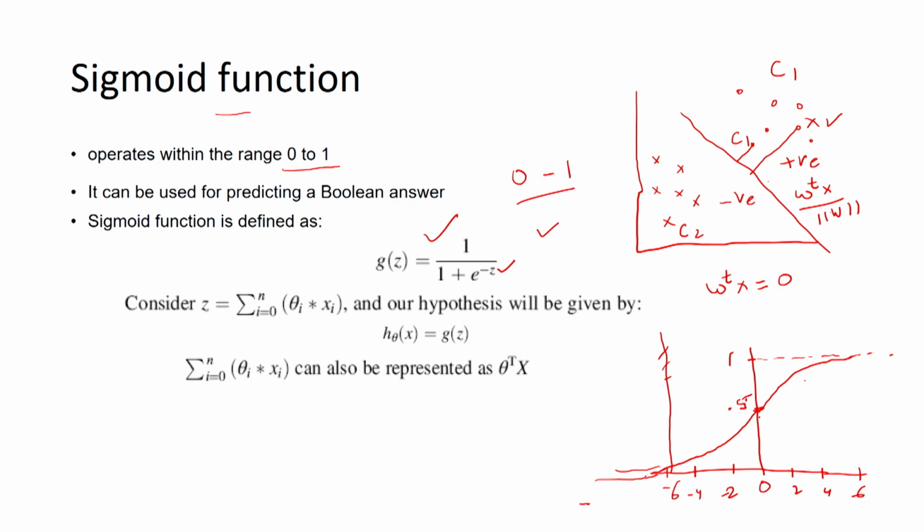You can see that at that time the probability is also close to 0.5.